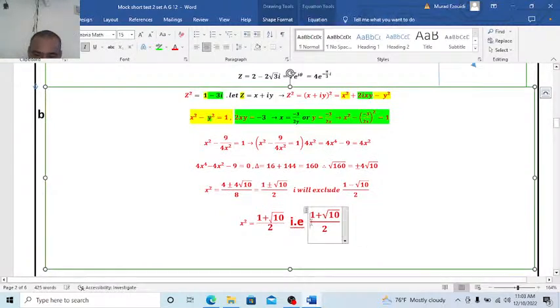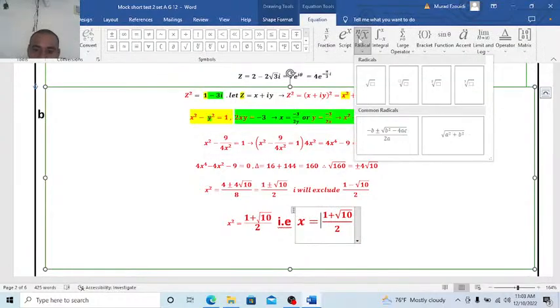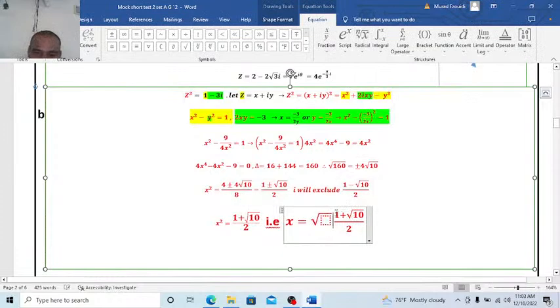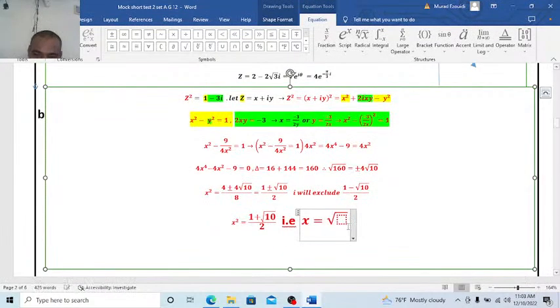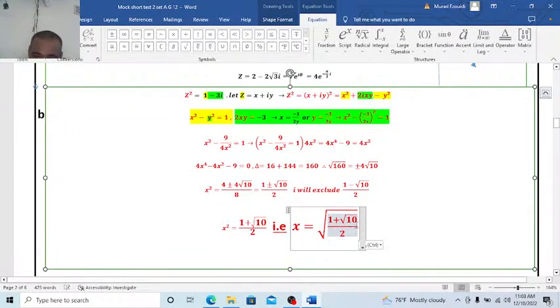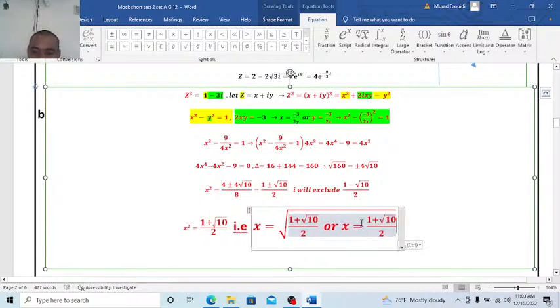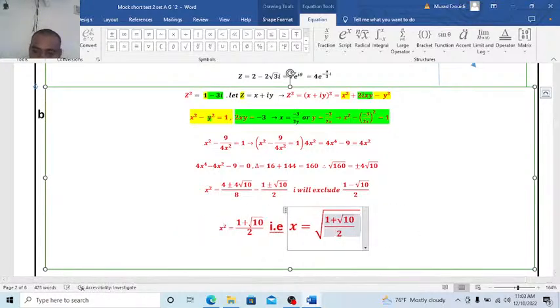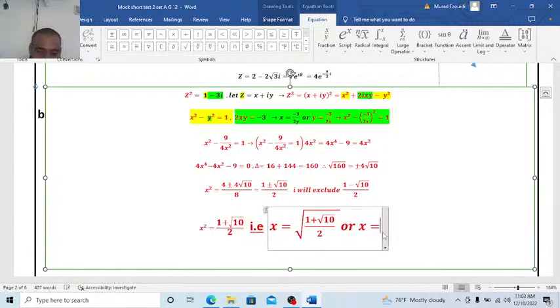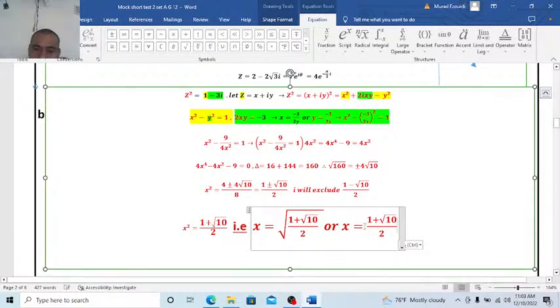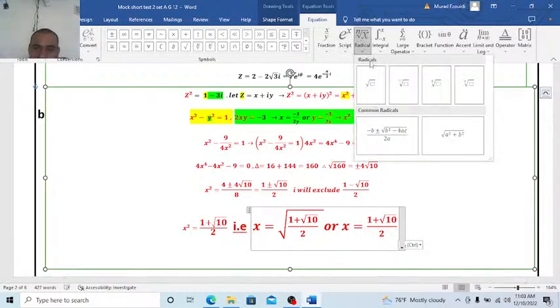I will write here x equal the square root of, then I will cut this, the square root of this one, or x equal... no, not like that, or x is equal to, and then here I will make the square root as before.